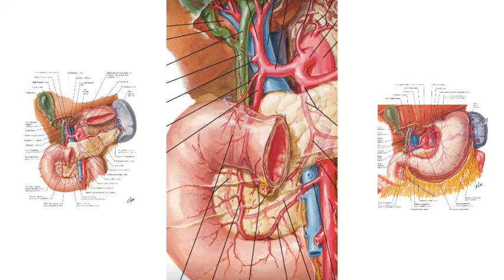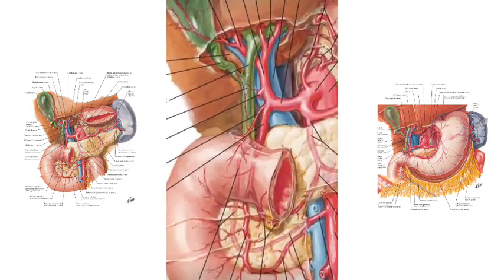On the posterior aspect, I have already mentioned the portal vein will be deviating to the left side, which is formed over here by the superior mesenteric vein and the splenic vein. So once the portal vein deviates, the posterior relation will be the inferior vena cava. So for the infraduodenal part, the posterior relation will be the inferior vena cava.